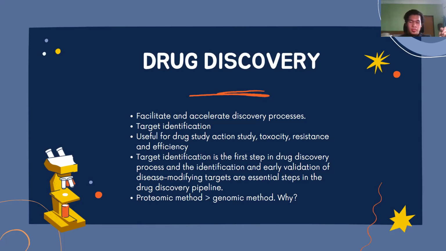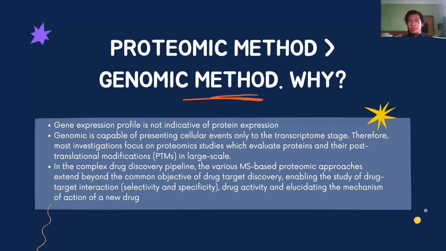Why? The reason is that the gene expression profile is not indicative of the protein expression. This explains that genomics is capable of presenting cellular events only at the transcriptome state, unlike the proteome.